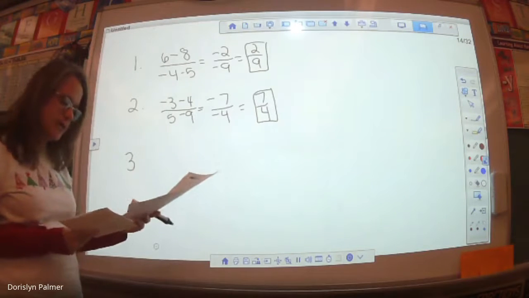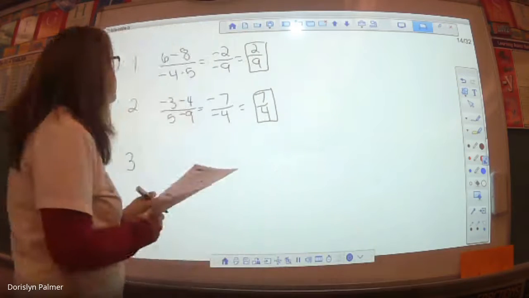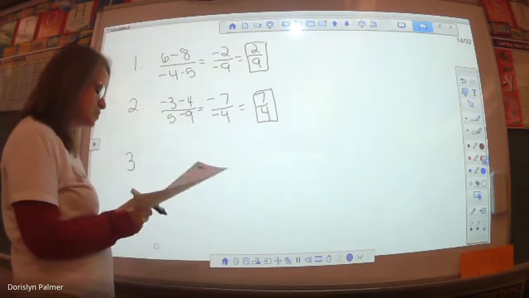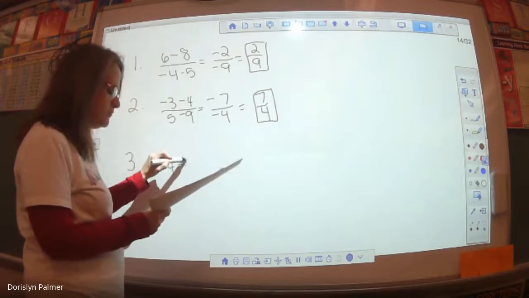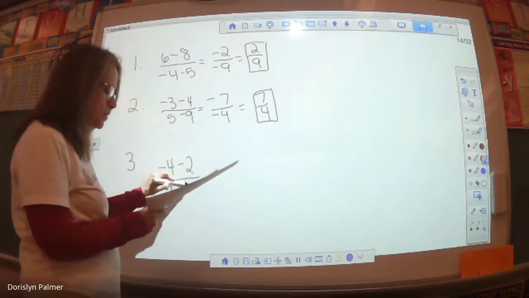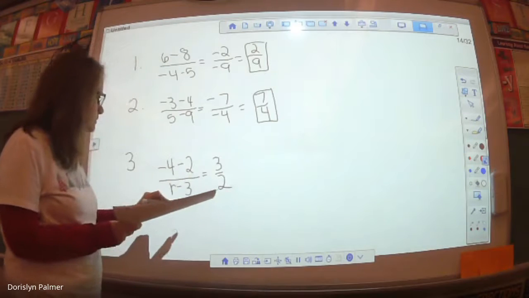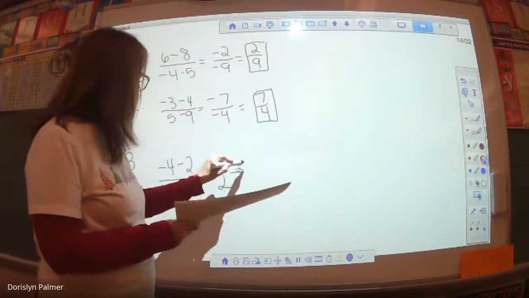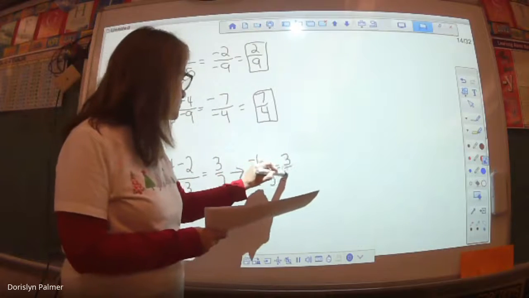I only made number 3 worth 2 because I was afraid that since it was hard, you guys would lose a lot of points. But we're going to do our slope formula. -4 minus 2 over r minus 3 equals 3/2. -6 over r minus 3 equals 3/2.